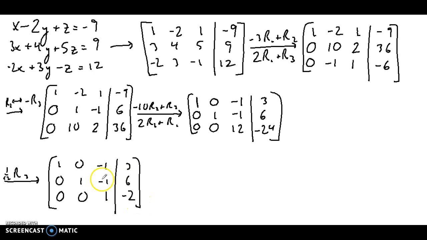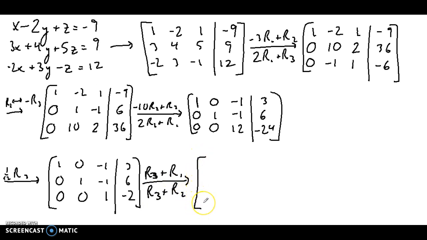Now finally, to finish Gauss-Jordan, I need to have these be zeros. And that's really nice in this case because they're both negative 1, this is a positive 1, so all I have to do is add row 3 to each of these rows. This will give me, let's see, row 3 plus row 1, and row 3 plus row 2.